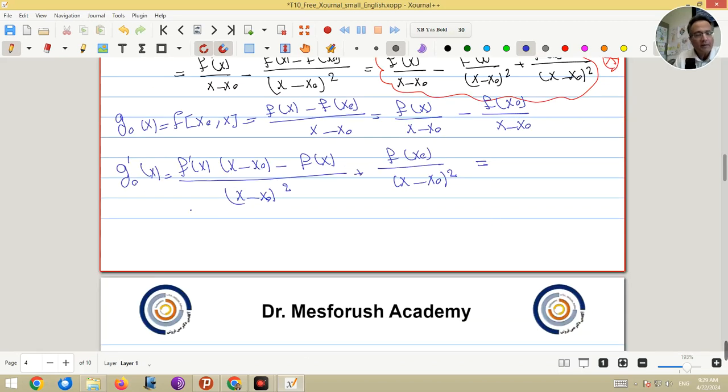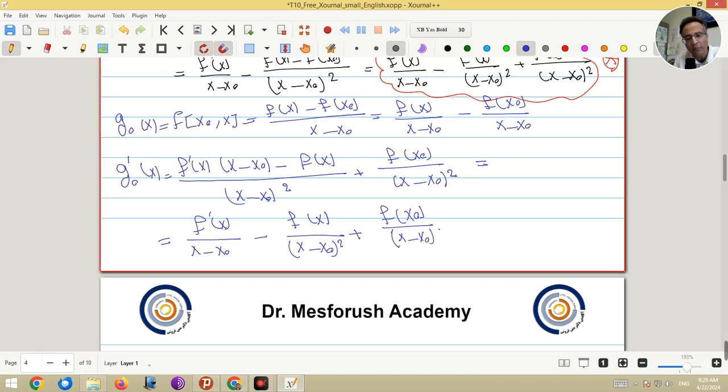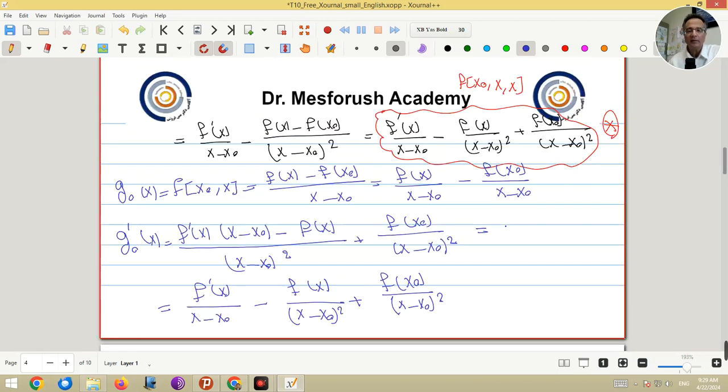If I simplify, I get f prime of x over x minus x0 minus f of x over x minus x0 squared plus f of x0 over x minus x0 squared. Keep it and call it double star.